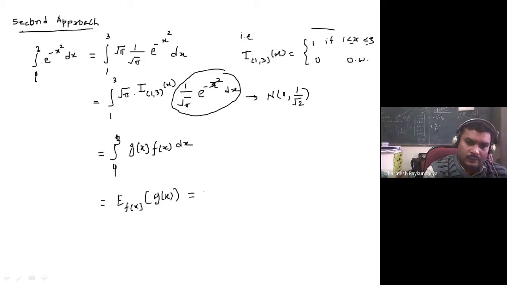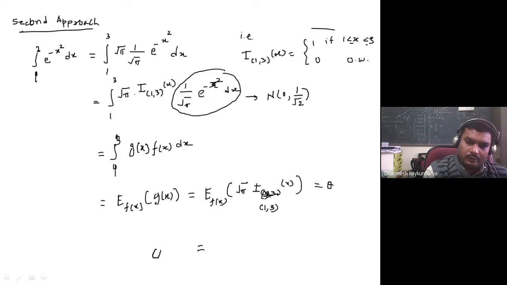And it is as good as the expectation of f(x), that is x, over what is your g(x)? g(x) is root pi I_{1,3}(x). Okay, so it is as good as that. You have to estimate this theta.